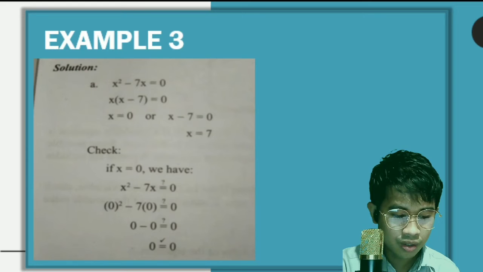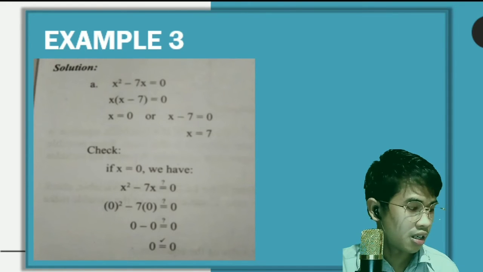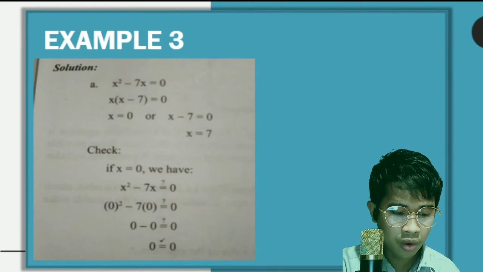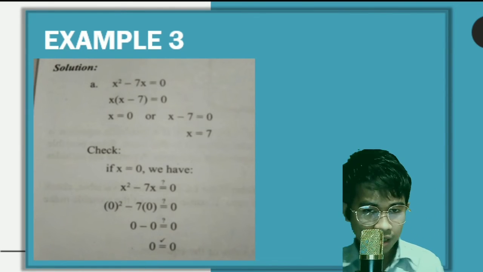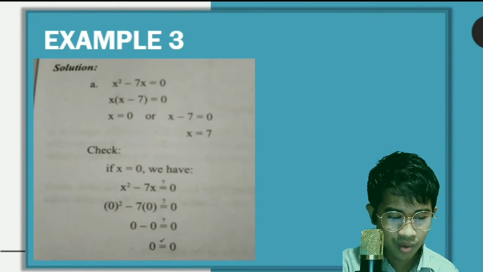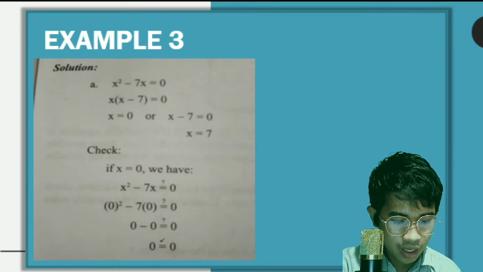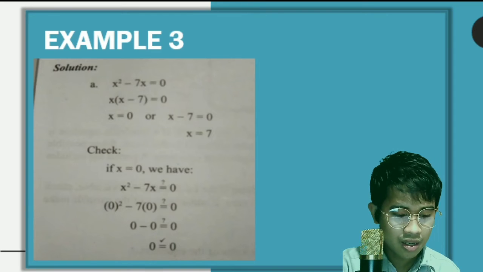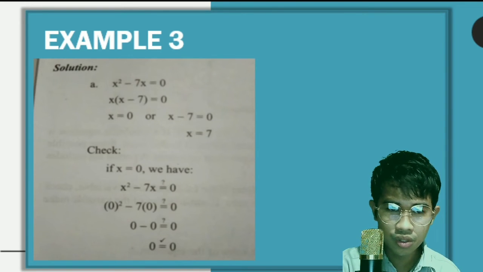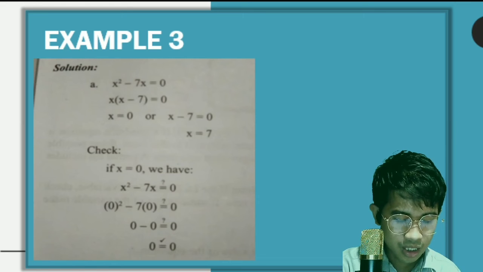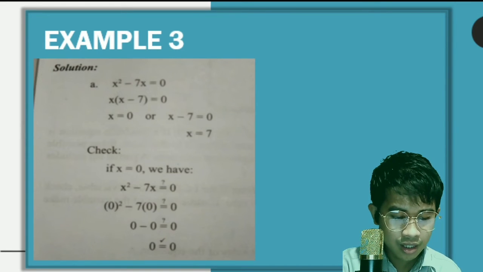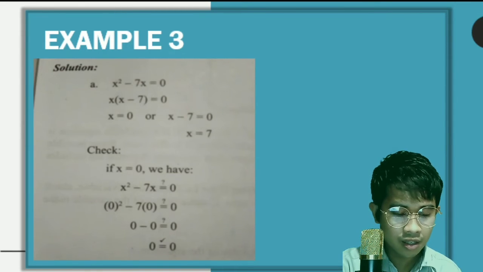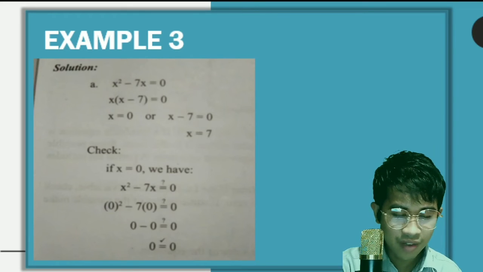So, imo naton una is to find if our answer is correct, gamiton naton ang una, x equal to 0. So, x equal to 0, gamiton ta ang aton nga equation, x squared minus 7x equal to 0. So, gamiton ta na siya. Ang x, i-substitute ta sa 0.